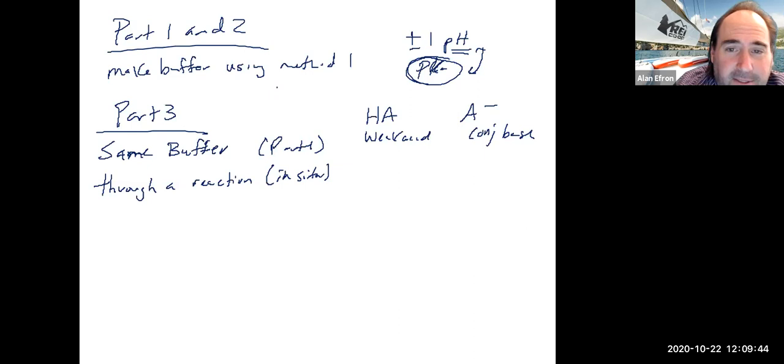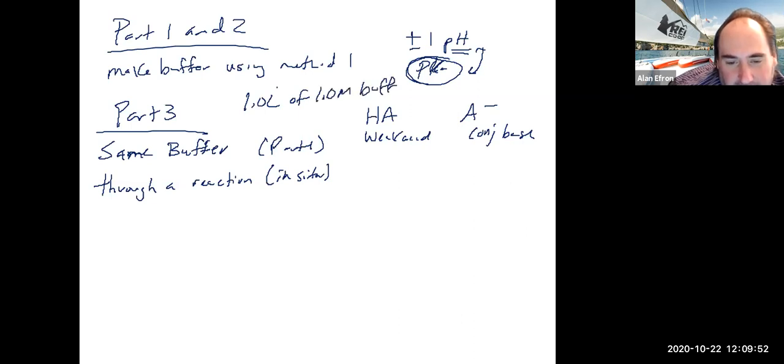That made the numbers easy. So we wanted to make 1 liter of 1 molar buffer, if you remember. And what that gave us was a total of 1 mole, right? And that 1 mole was made up of both the acid part and the base part.